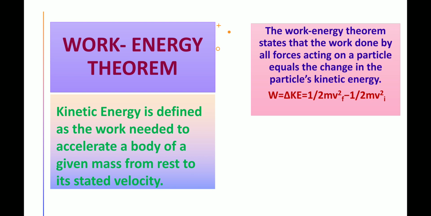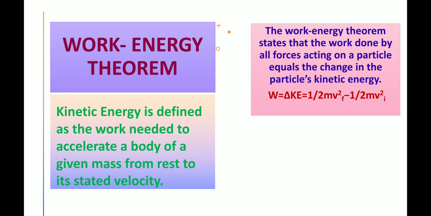Now, there is a theorem known as the work energy theorem. When force is applied in the direction of motion of a body, it accelerates the motion, which increases the kinetic energy of the body.